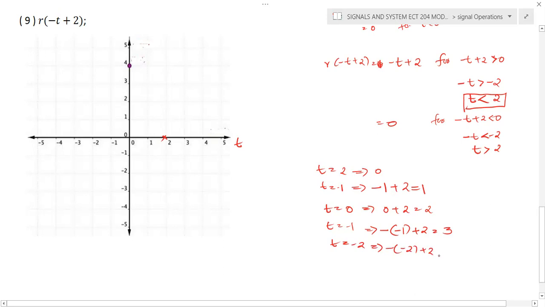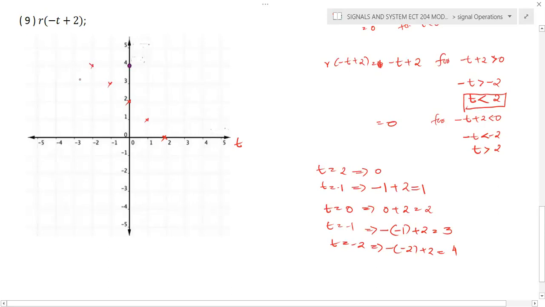In place of t, you substitute that t value, so it becomes 4. So the signal actually starts from t equal to 2 onwards. Here it is 0, and for t equal to 1, the function magnitude is 1. When t is equal to 0, it is 2, when t is equal to minus 1, it is 3, and when t is equal to minus 2, it is 4.